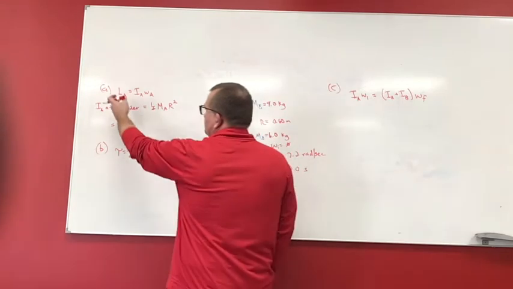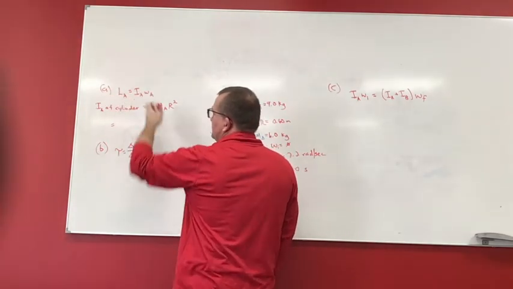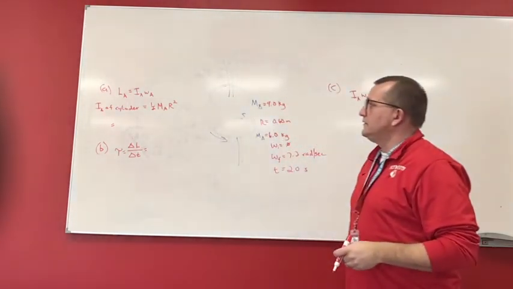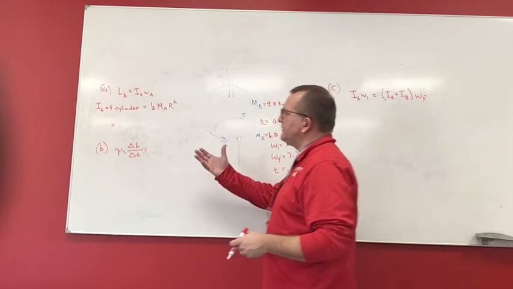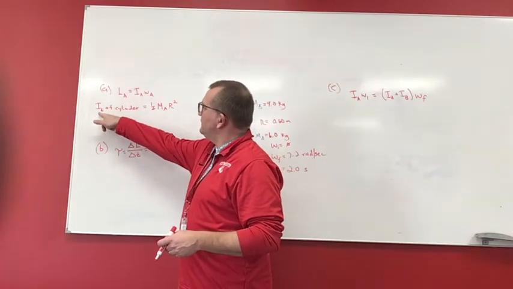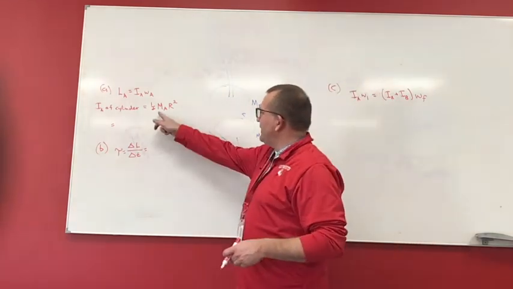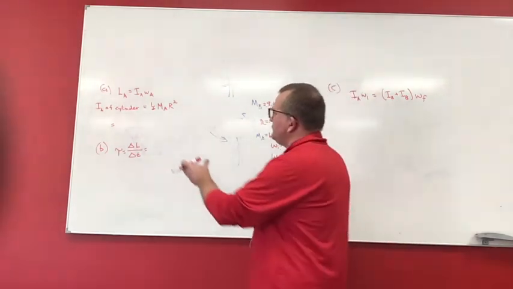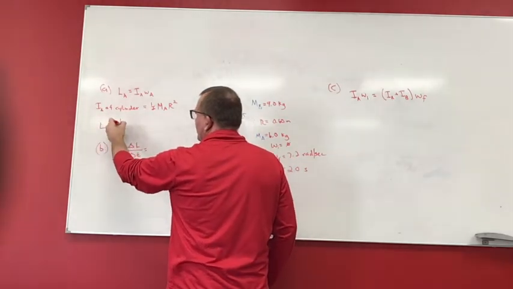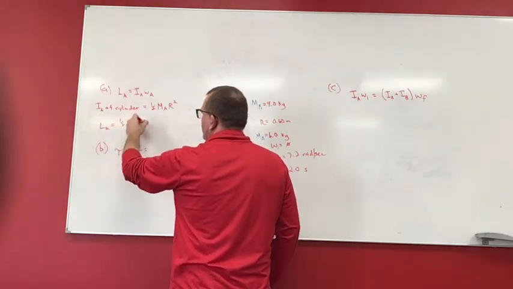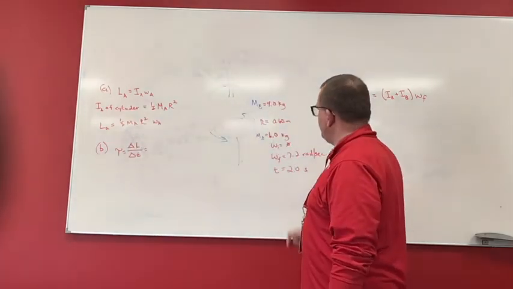Angular momentum is equal to the moment of inertia of A times the angular velocity. Now it's a cylinder, so the moment of inertia of a cylinder is equal to 1/2 m A r squared. So I substitute this in for I, so L A is equal to 1/2 m A r squared W A. Now I can substitute because I know all this.